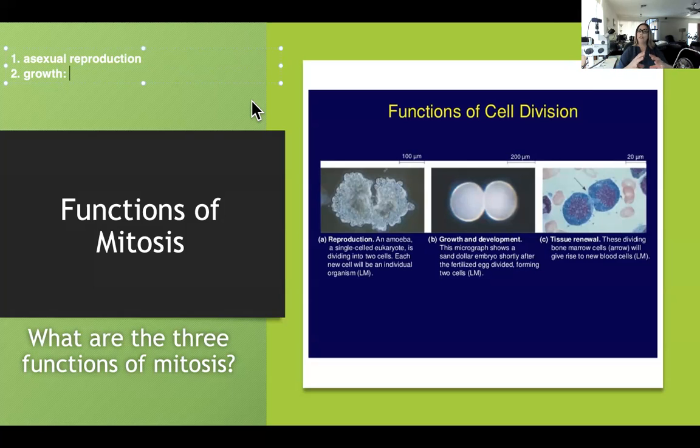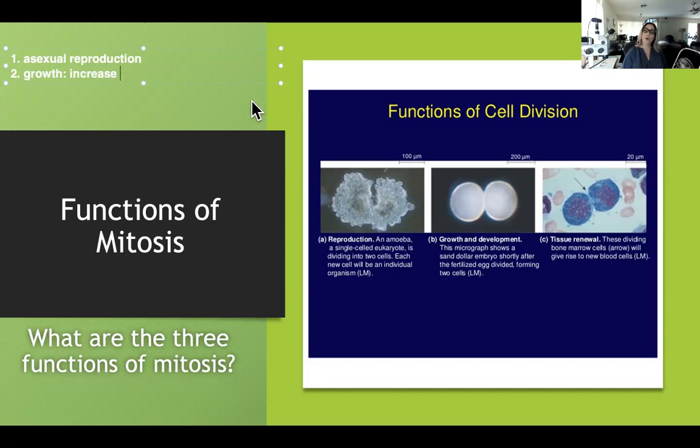Mitosis occurs in which cells are added. You become a fetus, you're born as a baby, and then you grow throughout most of your lifetime. And this growth is created by mitosis.